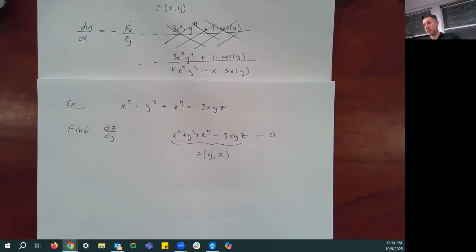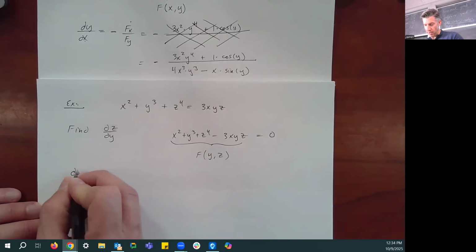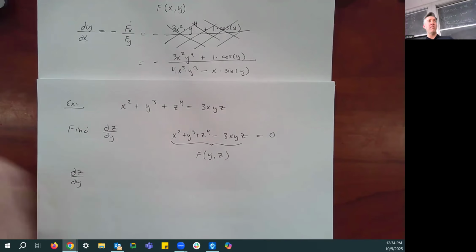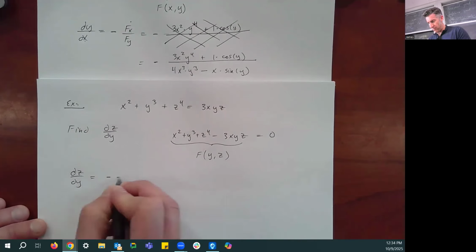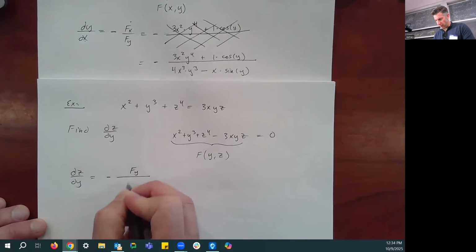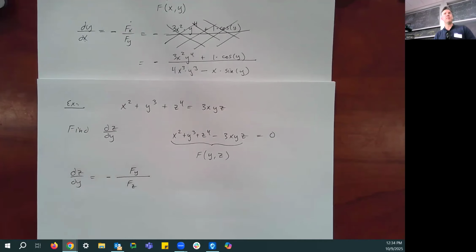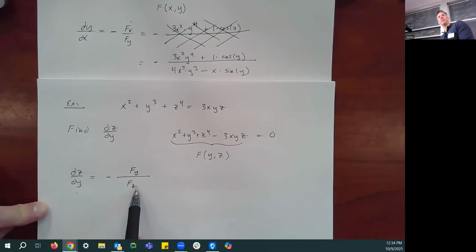We don't care about x. So our del z del y, we could make the same little mapping we made before, but we don't really need to. It's going to be exactly negative fy over fz. So again, whichever variable's on the bottom goes on top. Whichever variable's on the top goes on the bottom.